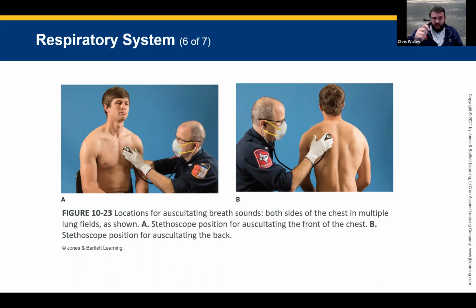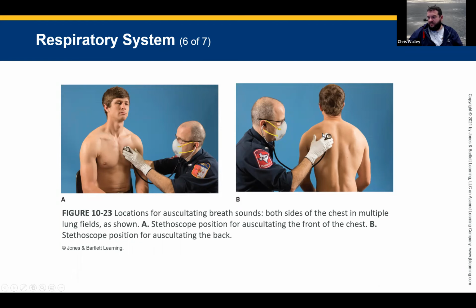If you're trying to auscultate heart tones, you can go in the same area. I tell you that because I don't want you to listen and say the right side doesn't sound like this, because you hear heart tones instead of lung sounds. So that's important to be able to differentiate.